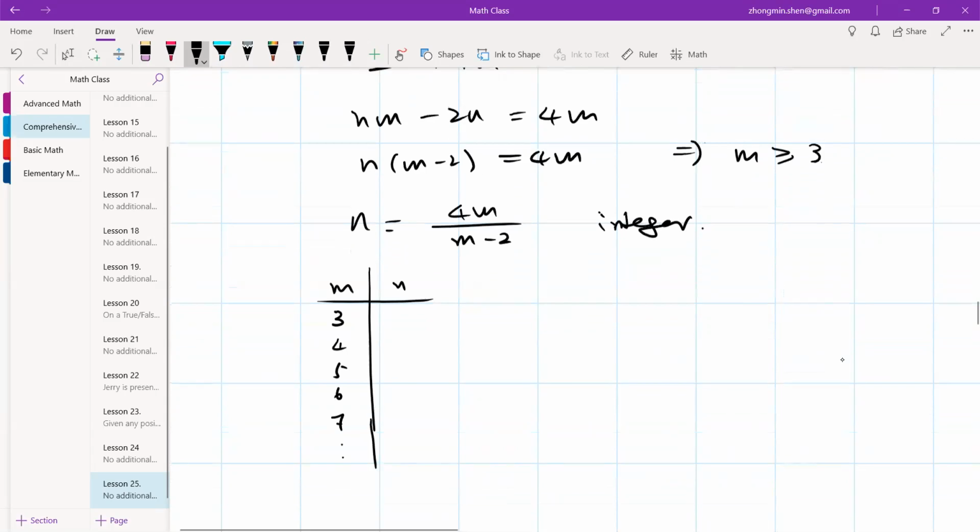This number n equals 2 times m over (m minus 2). First of all, this number is greater than 2, because m over (m minus 2) is greater than 1. It's larger than that, but it's decreasing, actually.